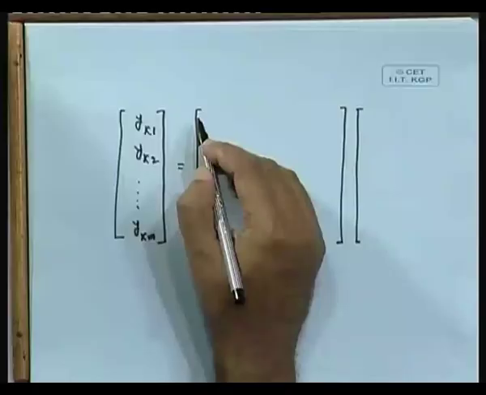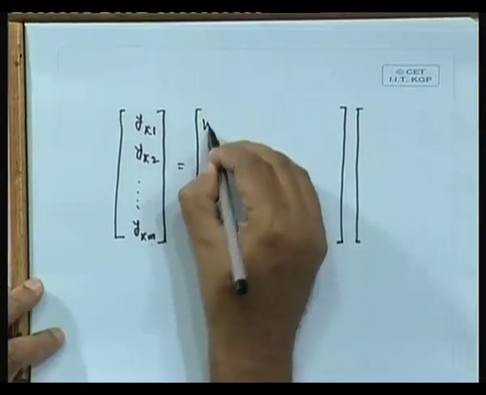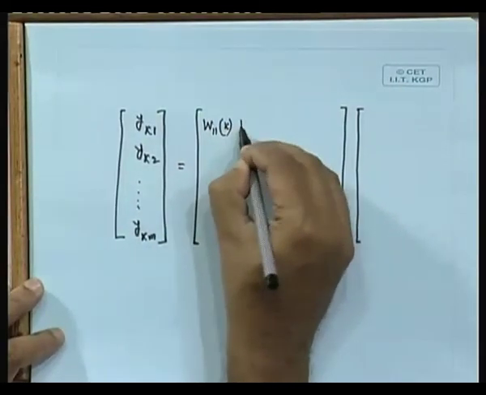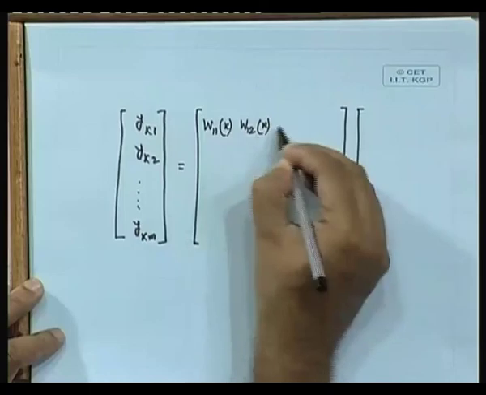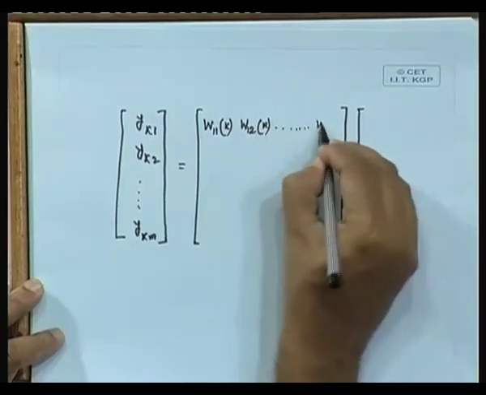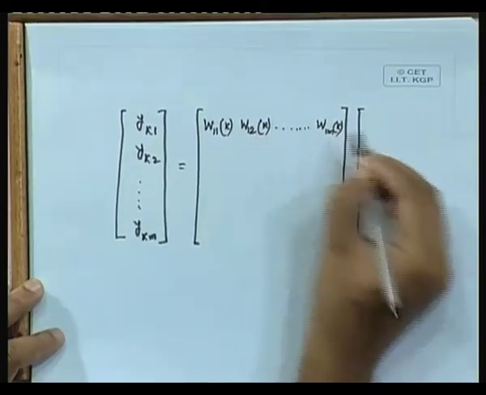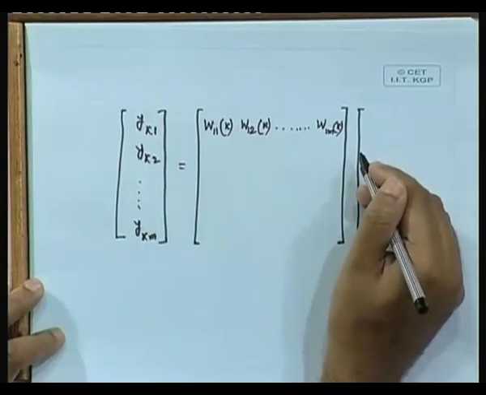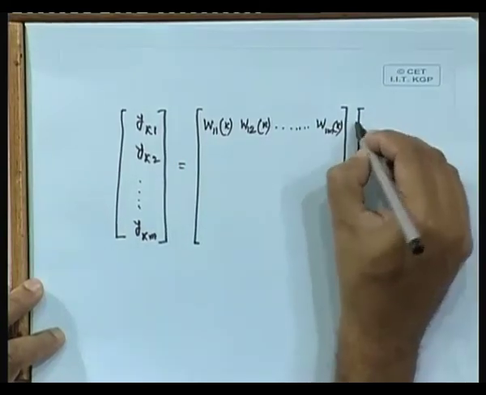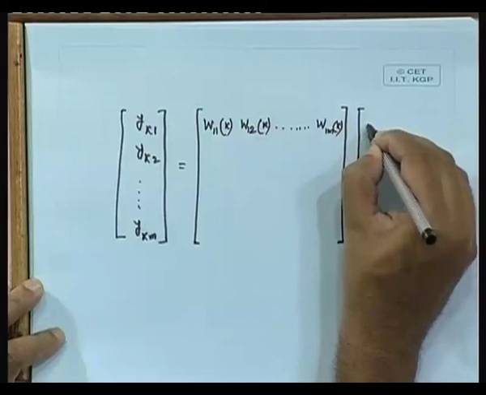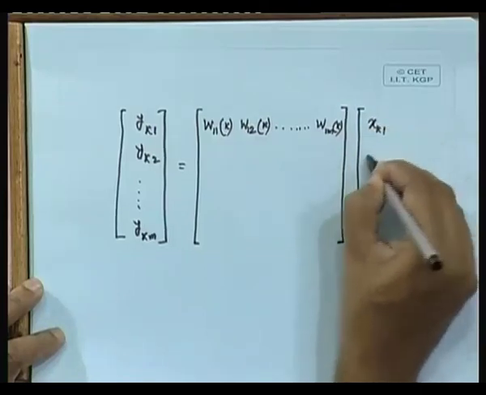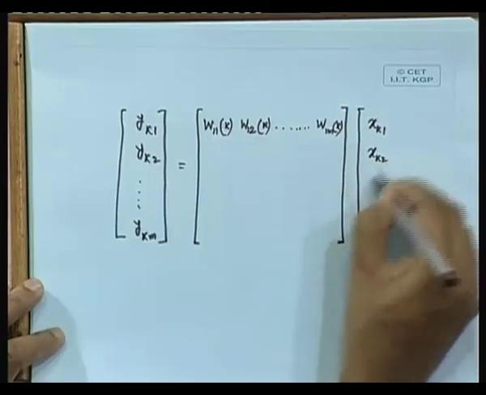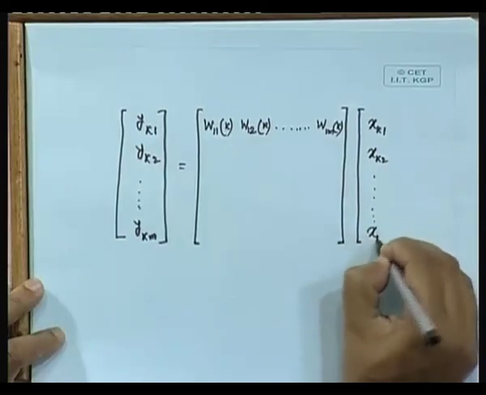So we write w11k, w12k up to w1mk as the first row of this, and in the x vector we will have xk1, xk2 up to xkm.